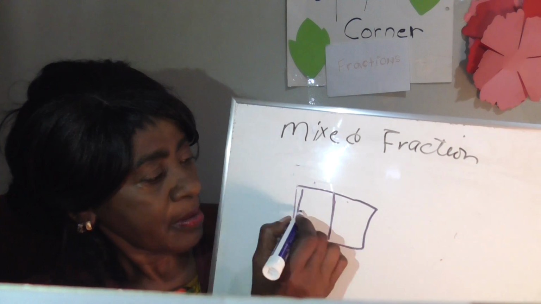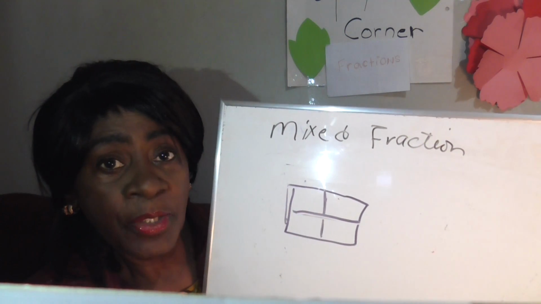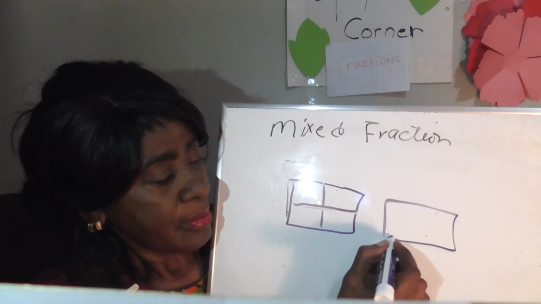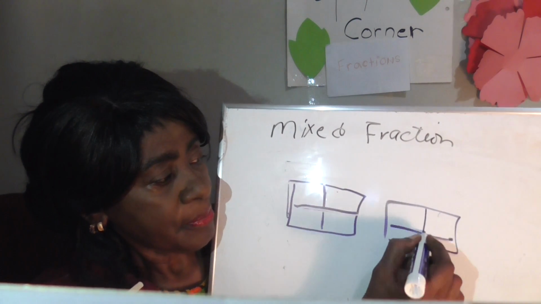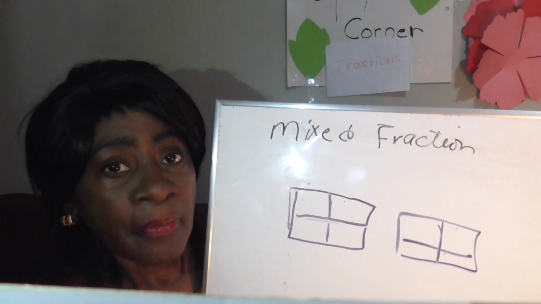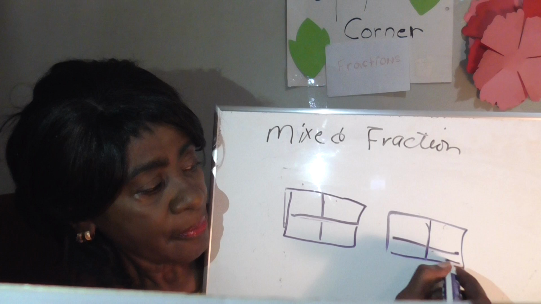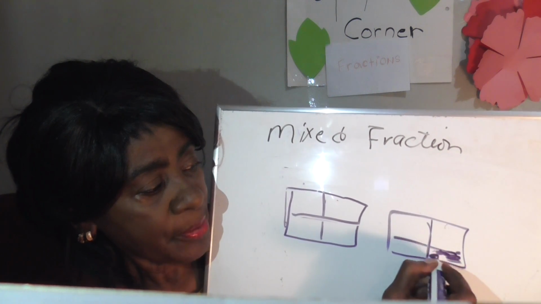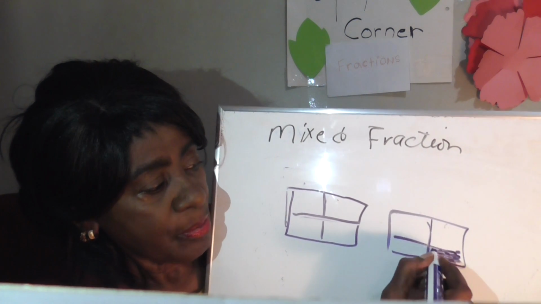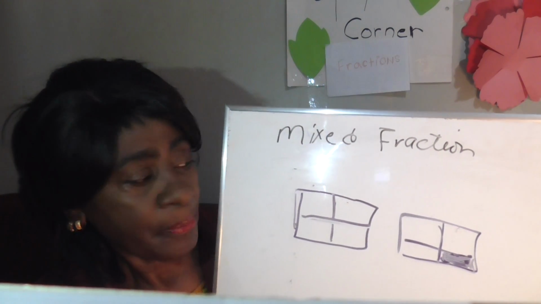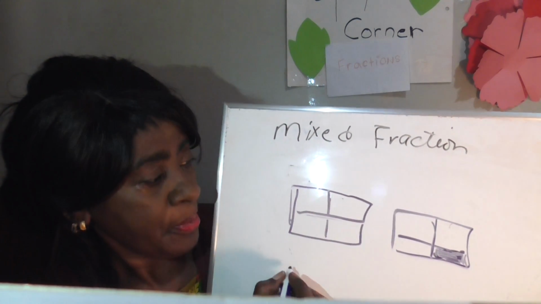This square was divided into 4 parts. This square is divided into 4 parts. Someone came along and colored one part purple.